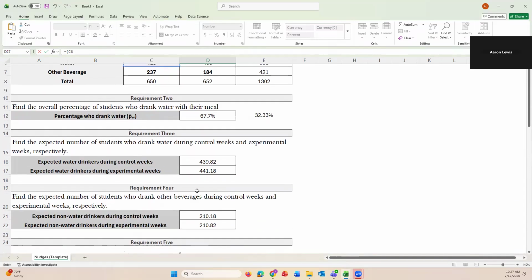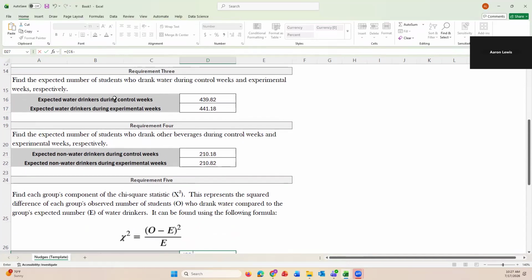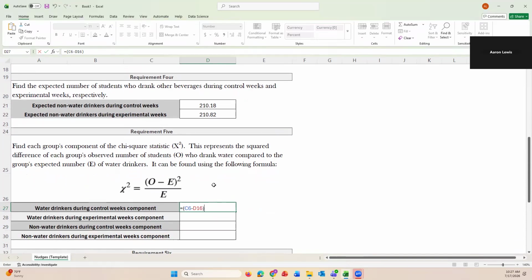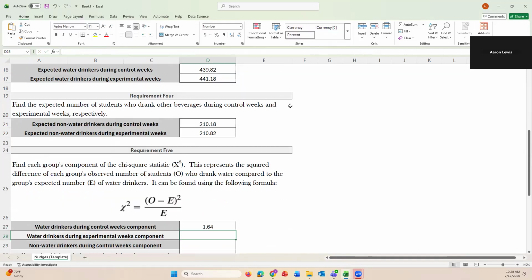I'm going to subtract from that the expected amount of water that we would have during control weeks, and our expected water drinkers during control weeks was 439.82 in cell D16. Close that parenthesis, and then I'm going to square it. So to the power of 2. And then I'm going to divide it by that expected amount for that particular condition, that intersection. And that expected amount of water during control weeks is once again that 439.82 up here in cell D16. And I come up with 1.64.